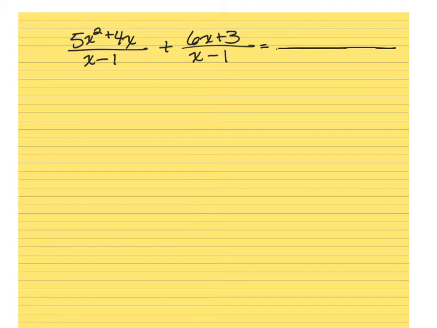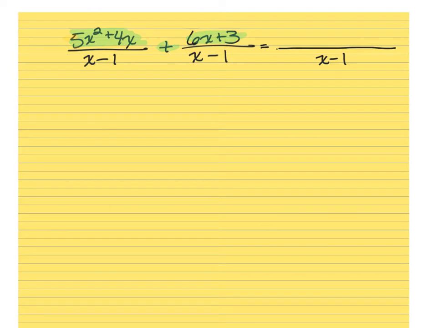If we have common denominators, then the nice thing is the answer is going to have the same denominator. We don't have to do anything to get the denominator. On the top, though, you just simply do top plus top.